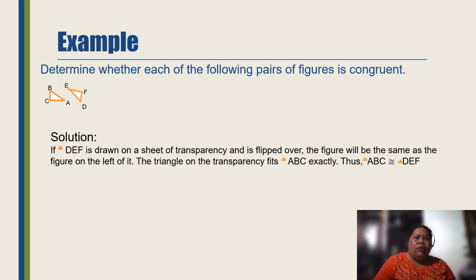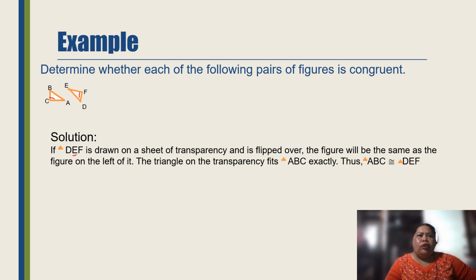If triangle DEF, now usually we put the middle letter as the vertex for the right angle, but it depends also, no?